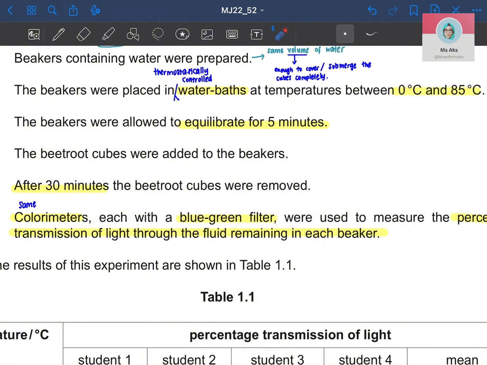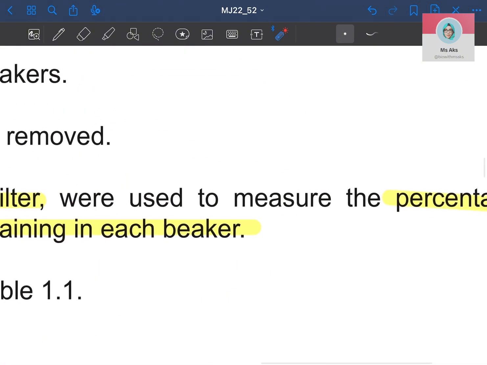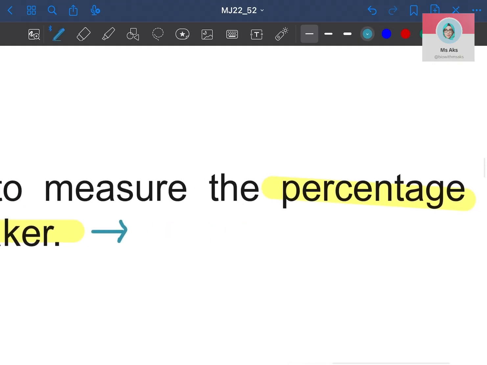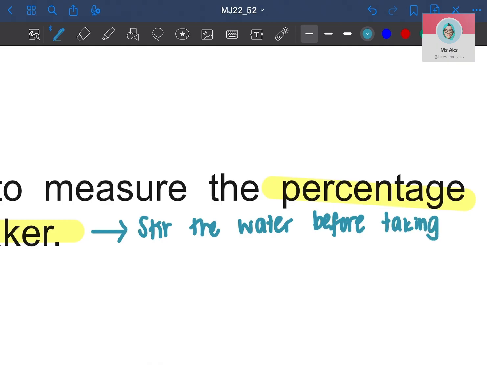So that would be a good example to add as well: stir before taking any readings.